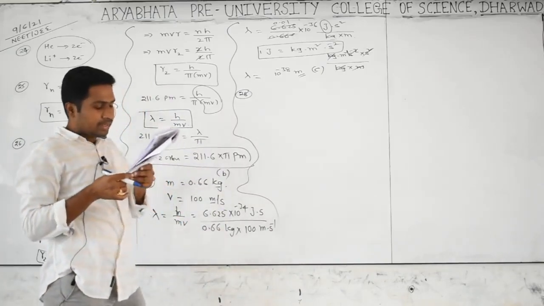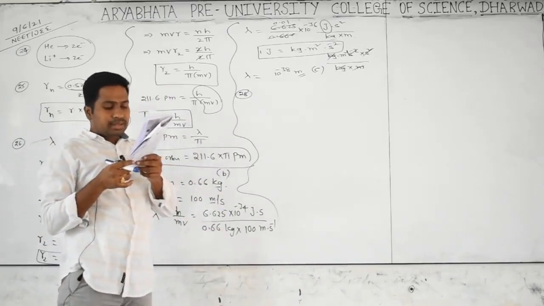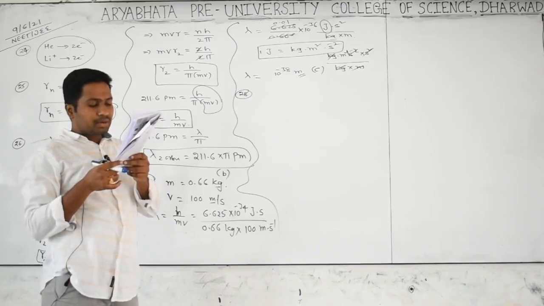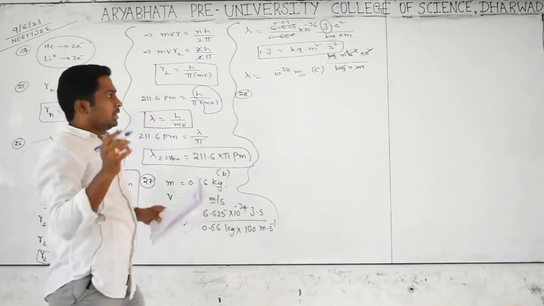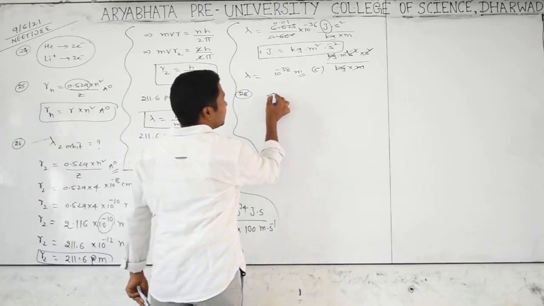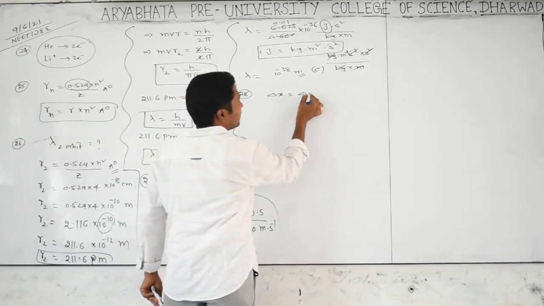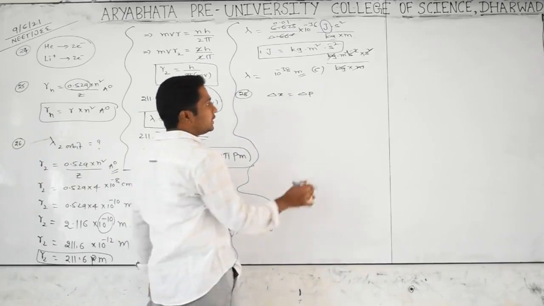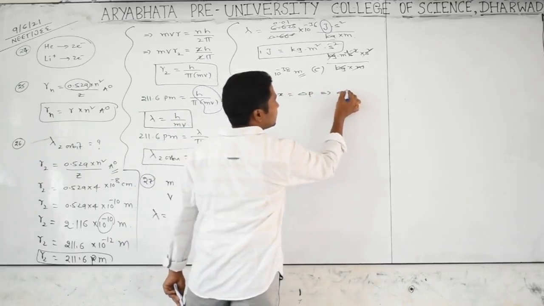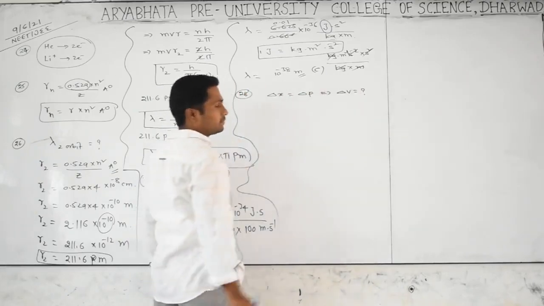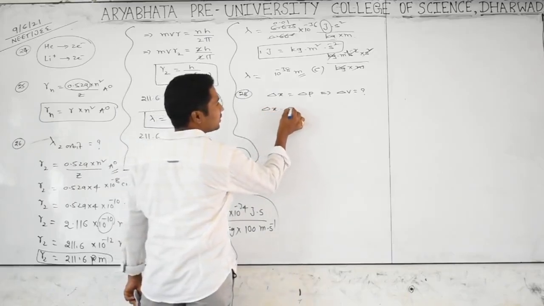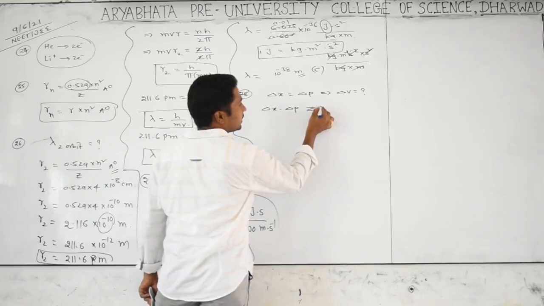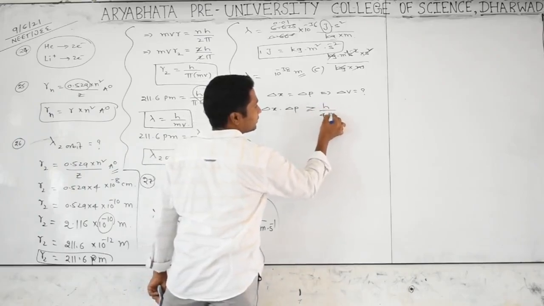Once you see question 28: if the uncertainty in the position and momentum are equal, then the uncertainty in the velocity is? What is it telling? The uncertainty in the position and momentum are equal, and he is asking for the uncertainty in the velocity. But you know the Heisenberg uncertainty principle, delta x times delta p is greater than or equal to h by 4 pi.